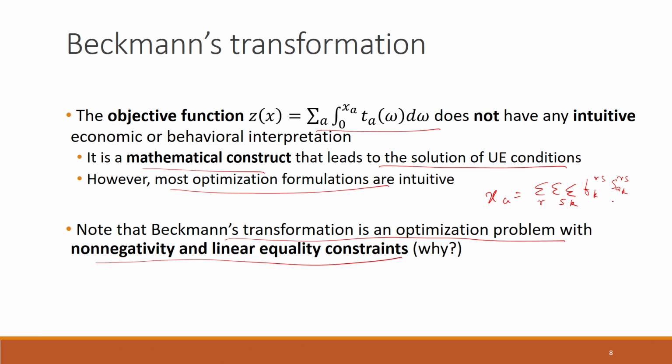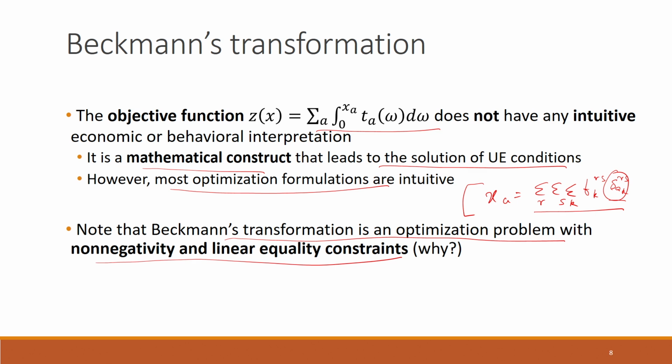Okay. So remember that this parameter delta_ak^rs that we have here is given because this can be derived from the network structure. Whether a particular link is part of the kth path connecting r to s, that can be known from the network structure. We don't need to solve the user equilibrium formulation for that. So this is given. Then this is a linear function. Okay. So that's why this is also a linear equality constraint.